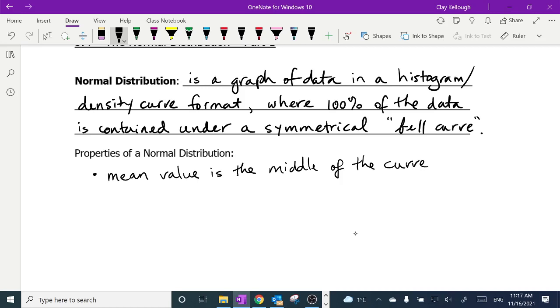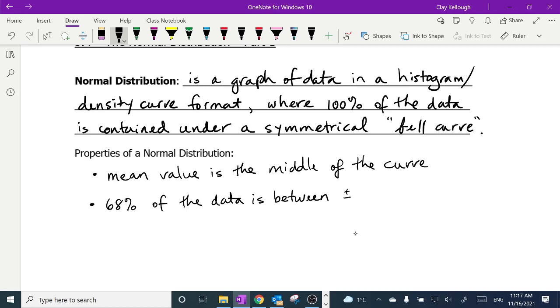And then there's the 3 parts of the rule. 68% of the data is between plus or minus 1 standard deviation of the mean.